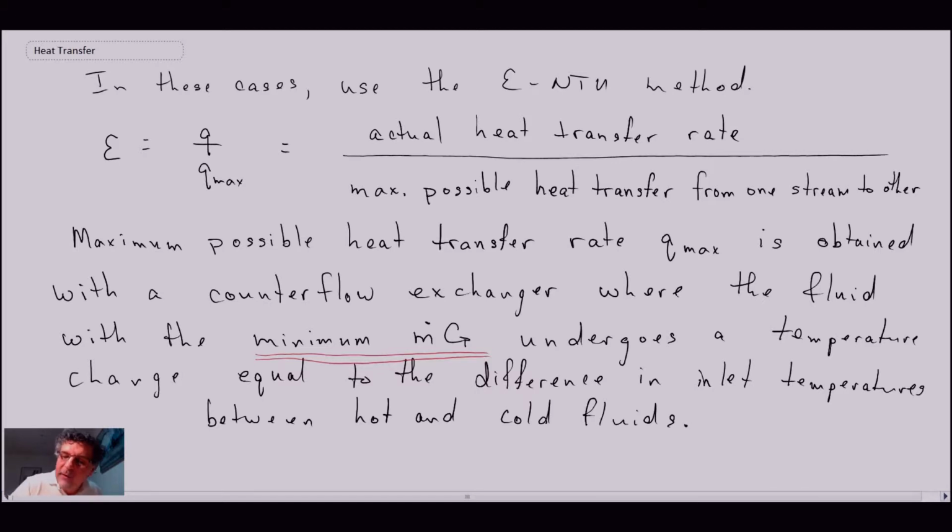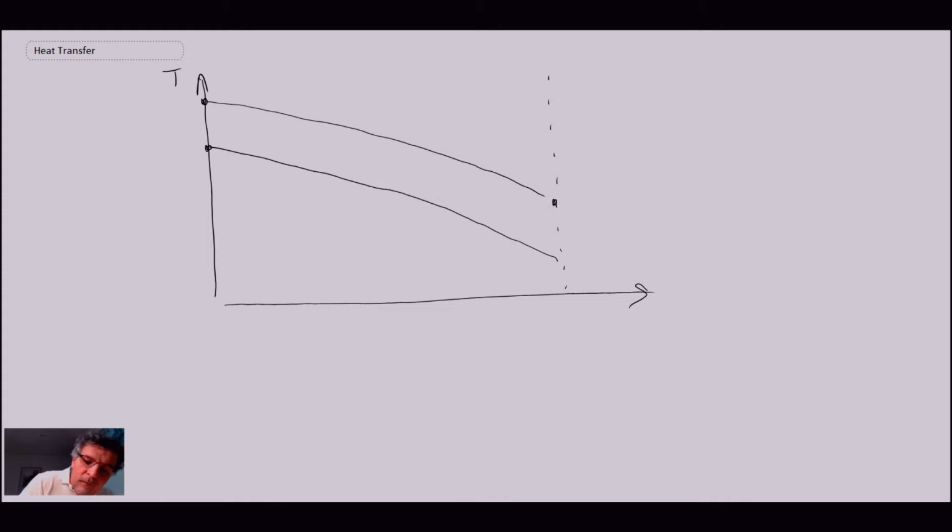Let's take a look at a temperature diagram in terms of what we're referring to here. Imagine we have our cold fluid. This is a counterflow heat exchanger. T hot in is here, T cold 1 would be there, T cold 2 is there, T hot 2 is there. Now, the maximum possible temperature difference between these two fluid streams is this difference here.